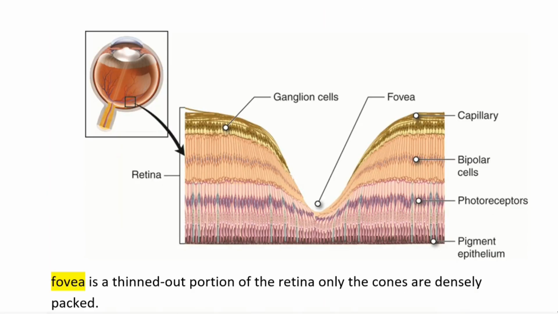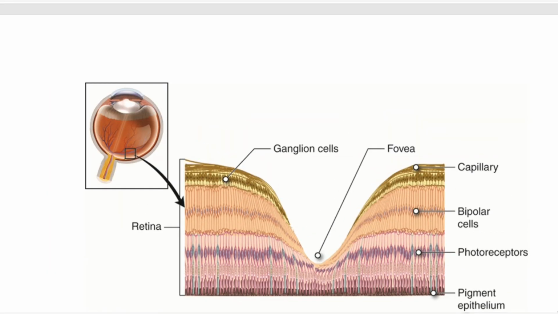Here you can see the image of ganglion cells, bipolar cells and photoreceptor cells. These three layers are the nervous part of the retina, which is the non-pigmented layer. And there is one more layer called the pigment epithelium, which is the pigmented layer, which is non-nervous.